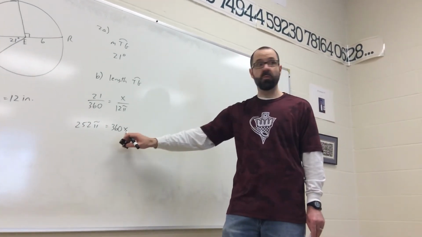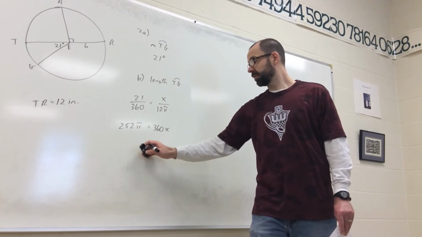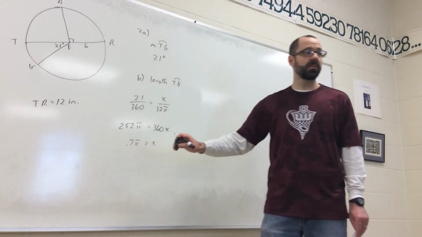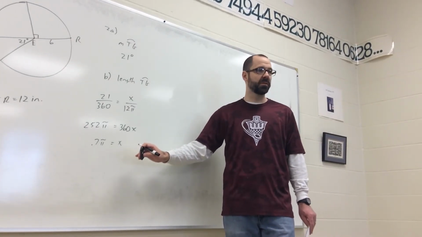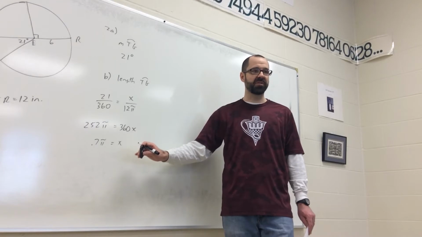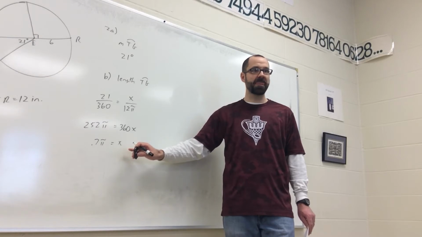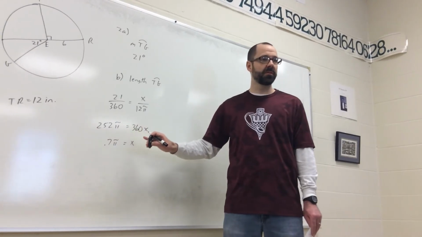And then we're trying to figure out what x is, so we're going to divide the 360 over. So that comes out to 0.7 pi, if I remember right. It's only been half an hour since first bell, but better double check. It's 0.7, right? So I'd just take 252 divided by 360.